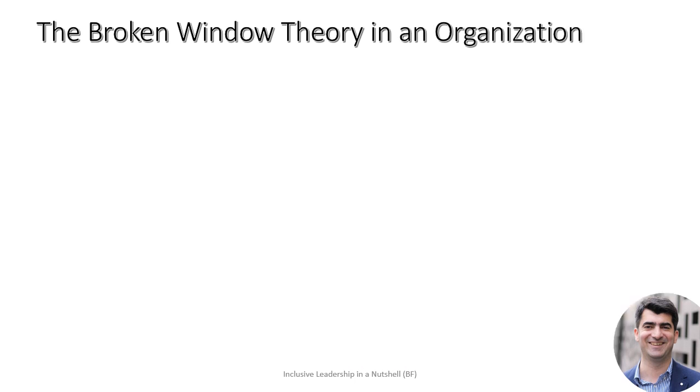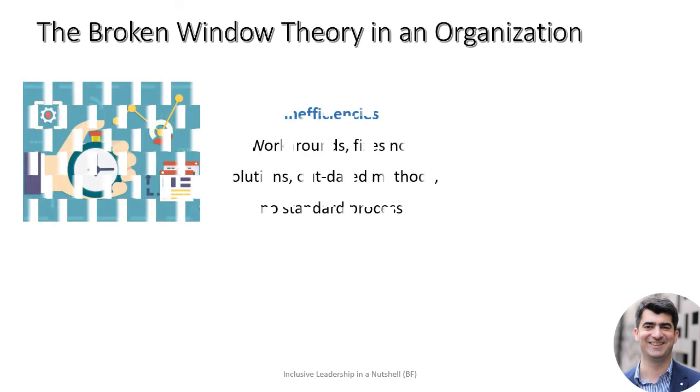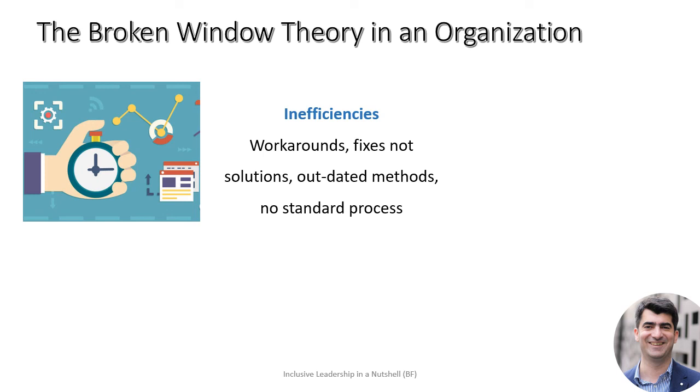Now let's bring this broken window theory to the context of this session, which is about leadership and management in organizations. How this broken window theory basically can apply to organizations. The key concept of broken window theory is that the small stuff matters a lot.